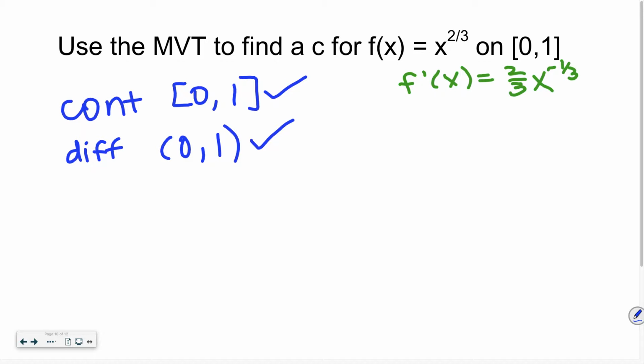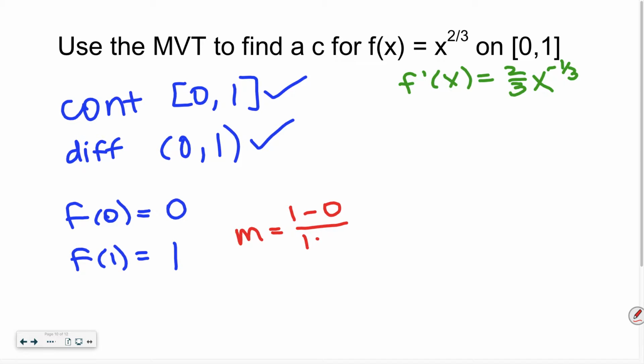Okay? So this is what we are going to do. We need to calculate the average rate of change. So what's the slope between 0 and 1? Okay, so we're going to plug in our function values. f of 0 would be 0, f of 1 is 1, that's kind of boring, right? But our slope, our average rate of change, y minus y over x minus x, would be 1.